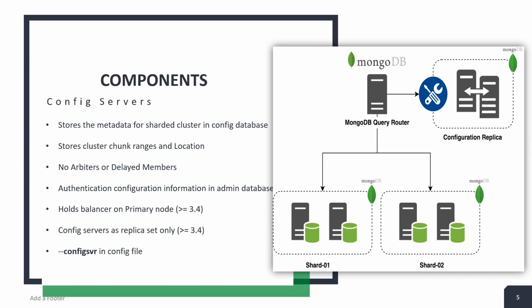It also holds the authentication configuration that is placed inside the admin database, and it holds the balancer process that is running from the primary node. So it can do the balancing operations automatically. So whenever you start your configuration server, you have to specify --configsvr in your configuration file. So MongoDB will understand it is a configuration server.